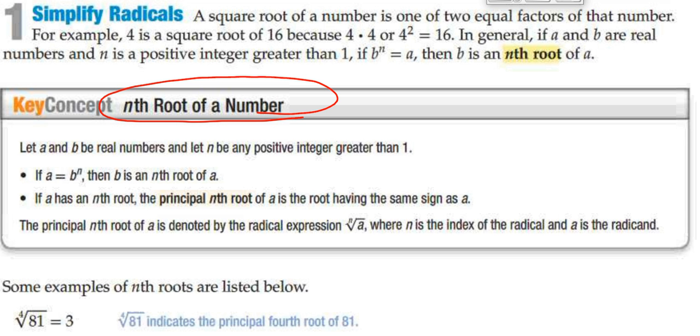Okay, now we're writing the nth root of a number, and it's kind of confusing the way it says it. So that's why I wanted to give us a little forewarning of what's happening here. This says, let A and B be real numbers, and let n be any positive integer greater than 1.